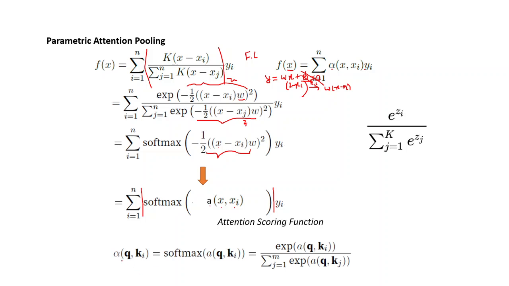So this is what is given here, whatever I said: alpha(q, ki), where q is the query and ki is the key, is the softmax of the attention scoring function of query and key.